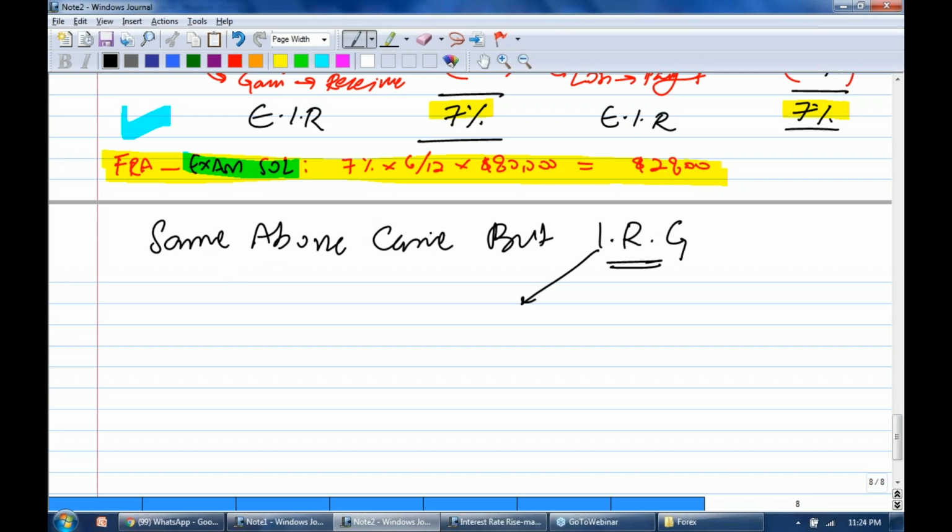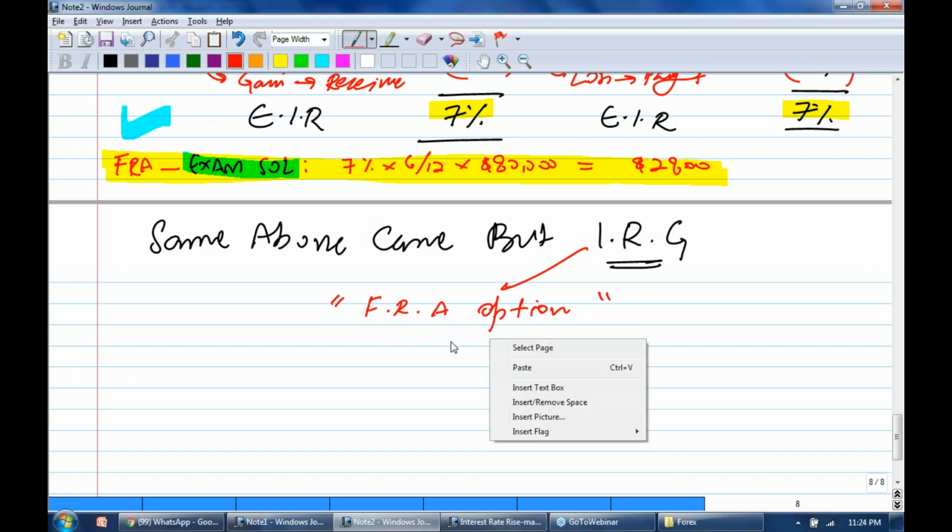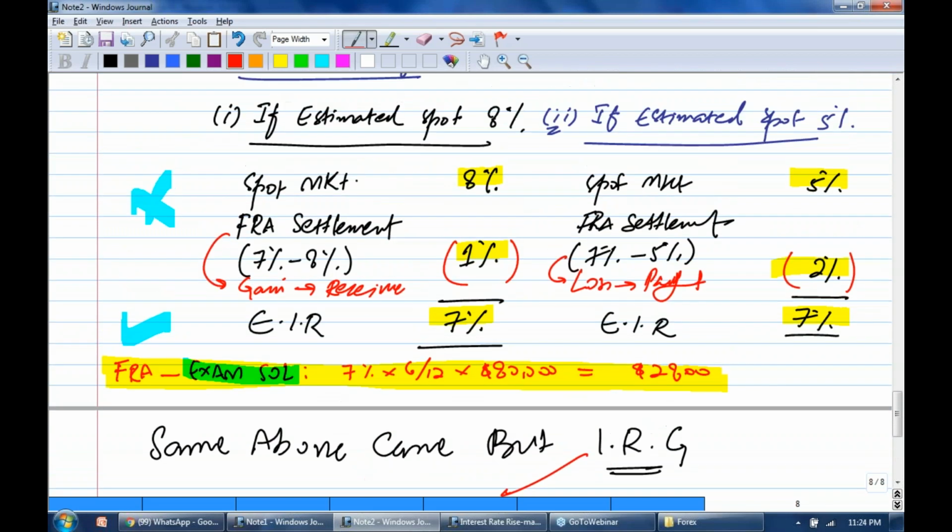And this means FRA option. FRA option. What does that mean?